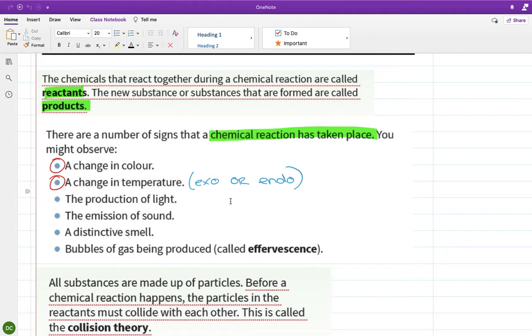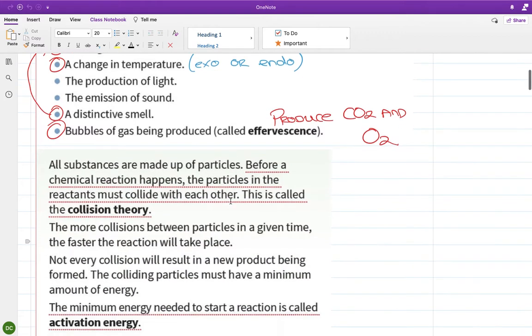I'm trying to think of some of the other ones. Definitely the smell. Yes, actually it's the same one as the colour change. Produces a smell. I knew there was one. And then we're going to do the bubbles of gas as well, because we're going to produce carbon dioxide and oxygen, not together, separately.